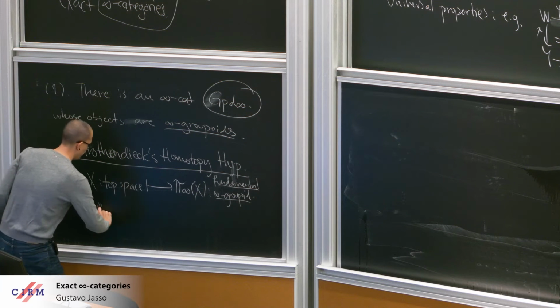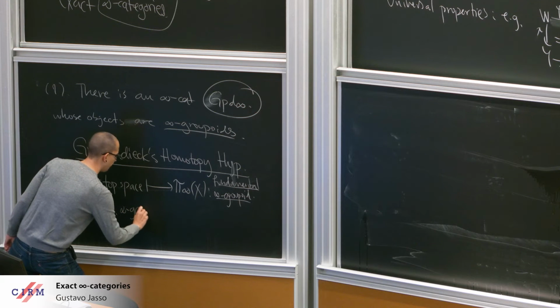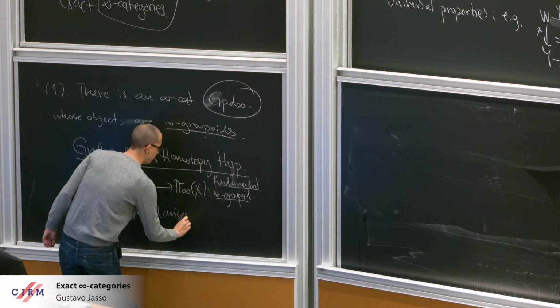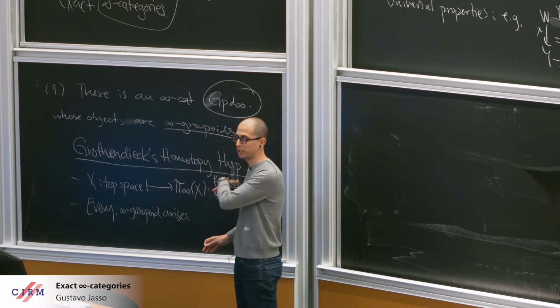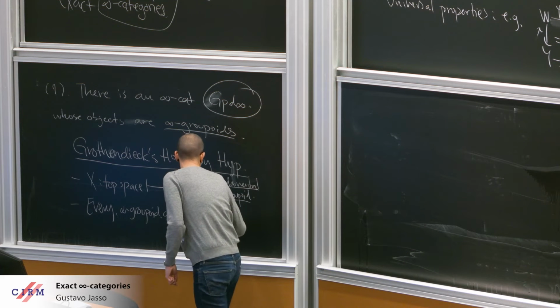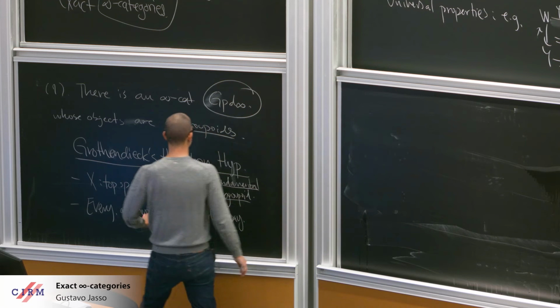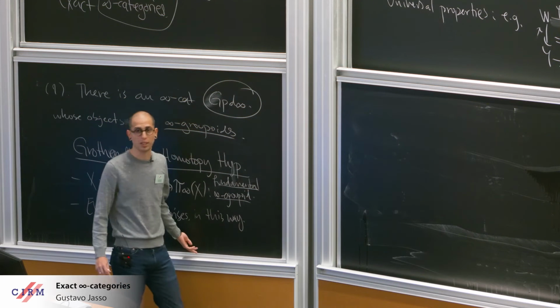But also, every infinity groupoid arises in this way, and I will leave the statement about in which sense it arises in an essentially unique way vague. And in fact, for this reason, infinity groupoids are very often called just spaces or homotopy types of spaces.